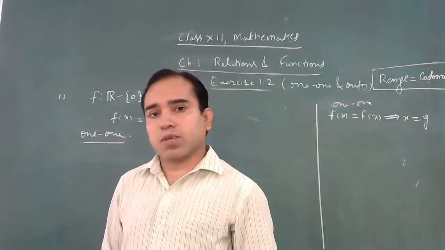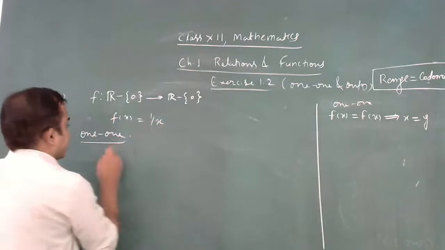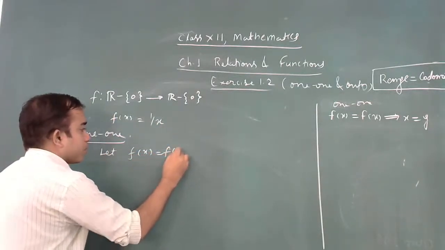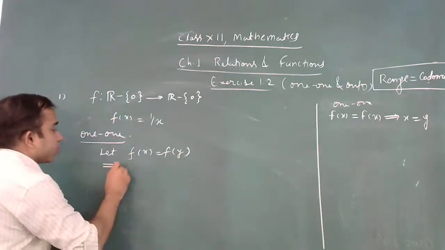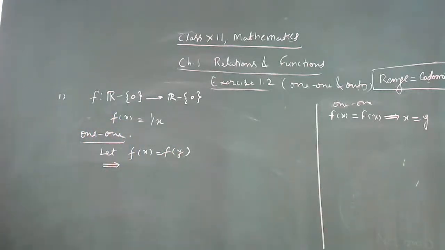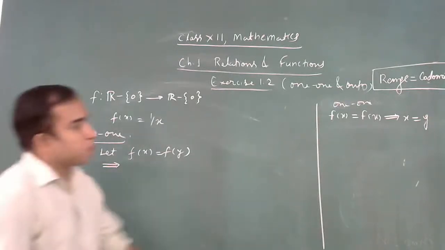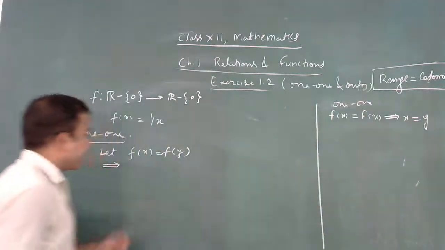So, how to prove it? Start with let f(x) equal to f(y). Now you analyze it further, and in the end, you should bring the conclusion that x equal to y.